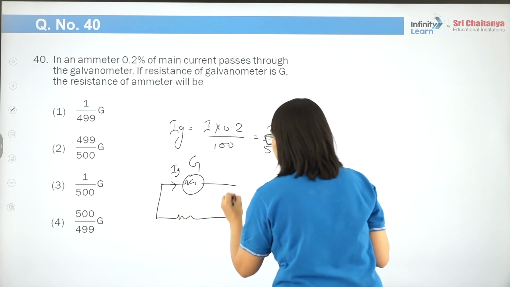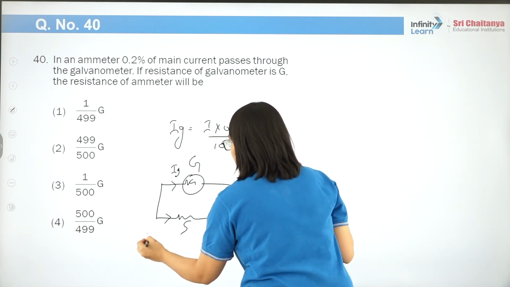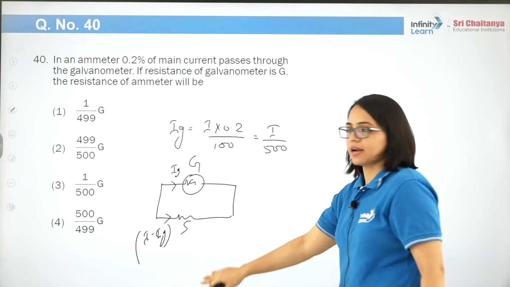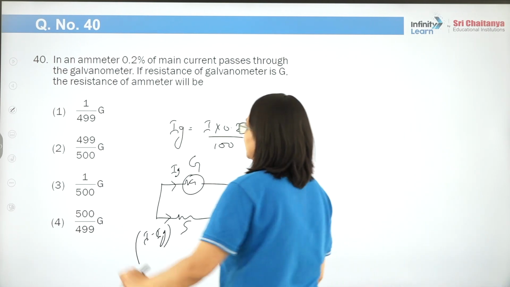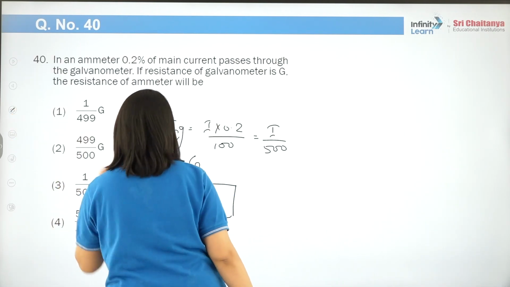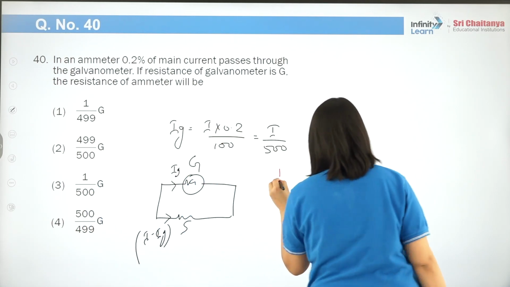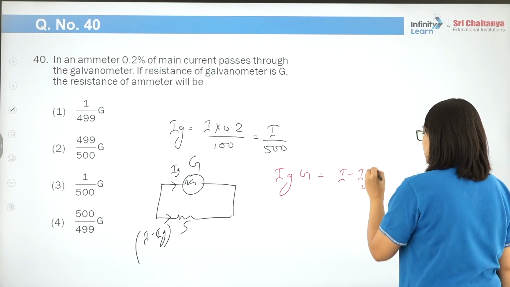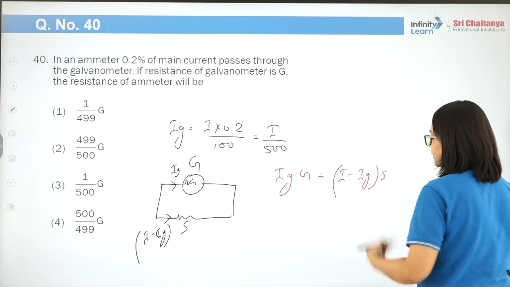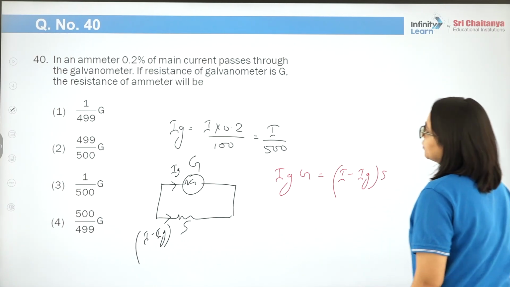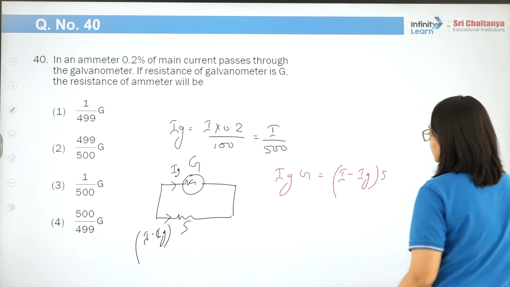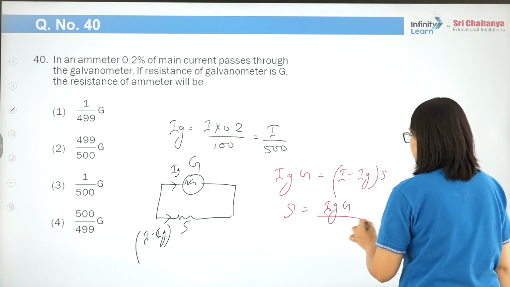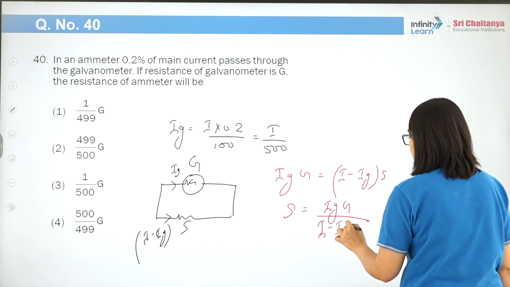This is shunt resistance S, and the current passing through it will be I minus Ig. Both are parallel, so the potential difference across each will be the same. Potential difference is I into R, so Ig into G will be I minus Ig into S. So shunt resistance S is equal to Ig into G divided by I minus Ig.